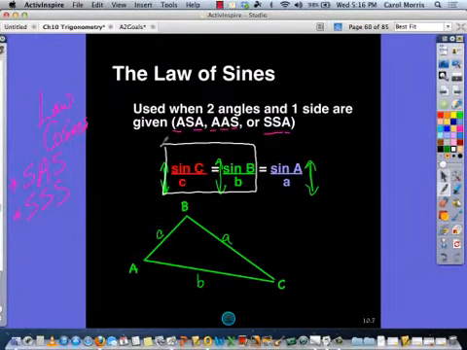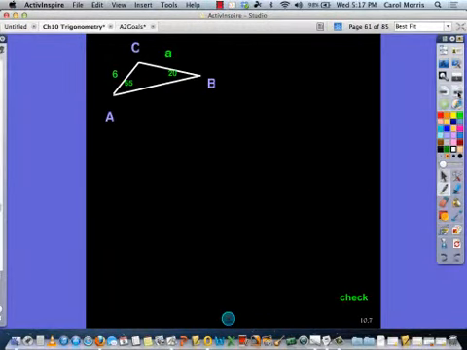So it then looks like a proportion, and that's exactly how you're going to solve it. So you will look at your information based on an angle-side-angle relationship, angle-angle-side relationship, or side-side-angle. And if it's one of those, you're going to be able to set up our law of sines in a proportion style setup. So let's try it on this next example.